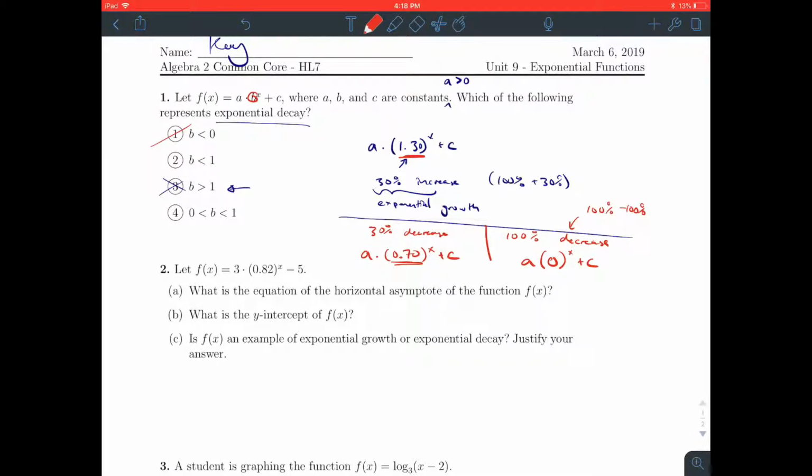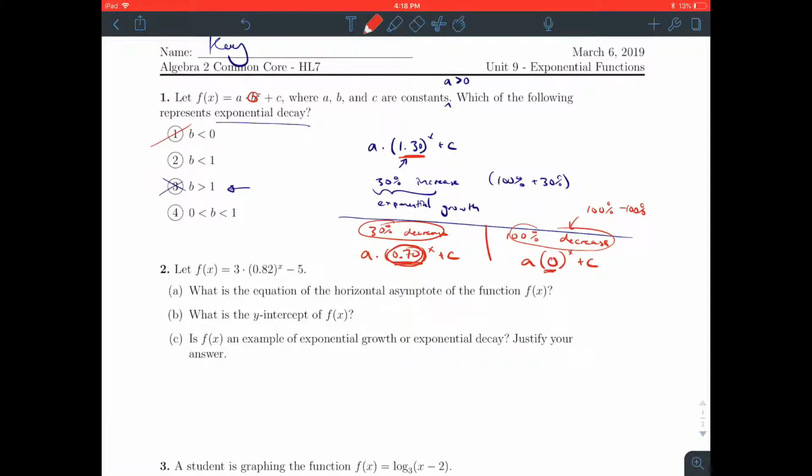So it looks like what you get if you have exponential decay is a range of possible decreases, 30% or 100%. If you reduce by 30%, you end up with a b value between 0 and 1. But if you reduce by 100%, you lose everything, and so b would be 0.